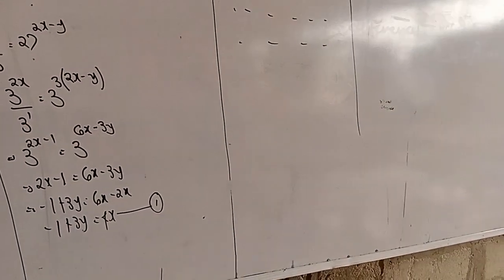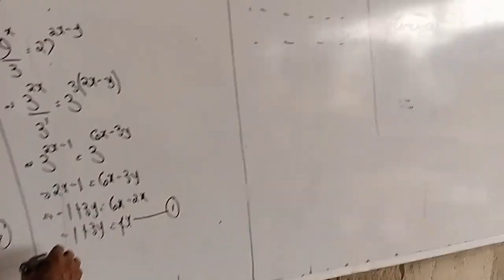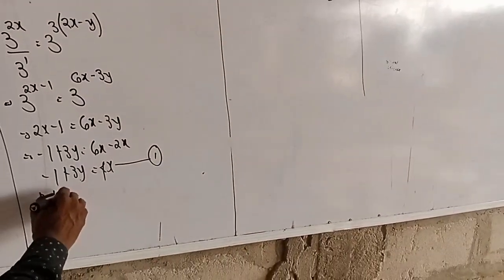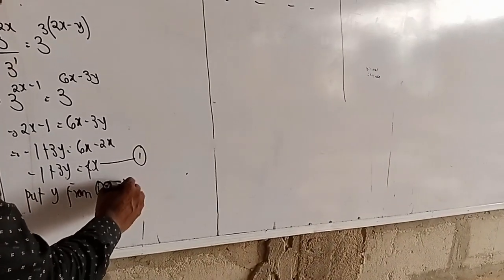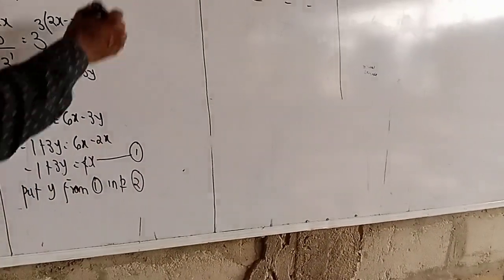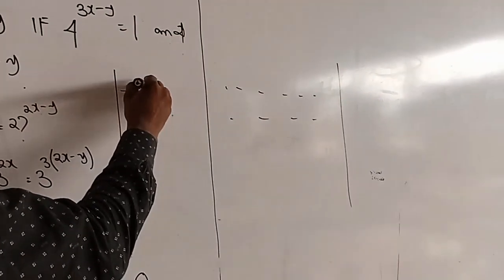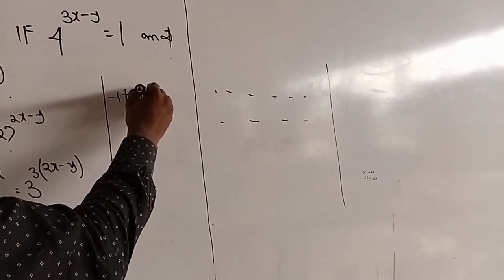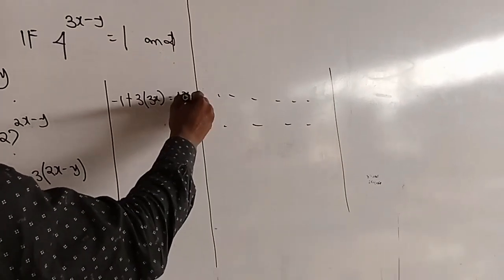So let's substitute the value of y from equation 1 into equation 2. I'll put y from 1 into 2. So we are left with minus 1 plus 3 into 3x equals 4x.